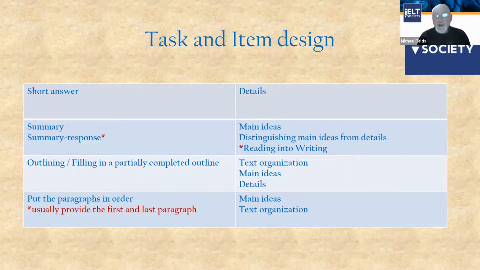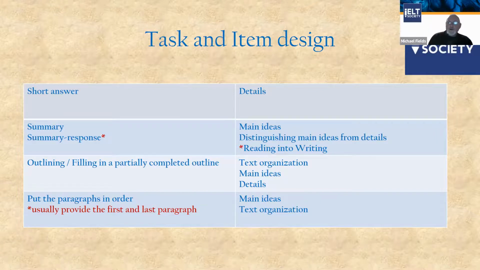Summary or summary response. How many people have used a technique of having students summarize a writing to demonstrate their comprehension? Or a summary response, where they not only write a summary, but add their own opinion. This kind of task is sometimes called reading into writing, where we try to connect reading and writing.